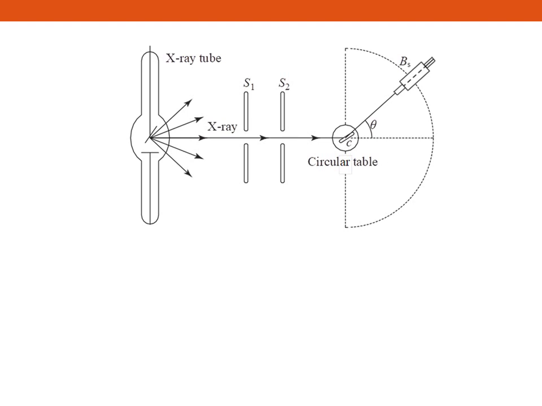X-rays of monochromatic wavelength lambda are produced from the X-ray tube. These are made to pass through the slits S1 and S2. These X-rays are next made to fall on the scattering element which is present on the circular table. The scattered X-rays are received with the help of the Bragg spectrometer and the scattered wavelength is measured.